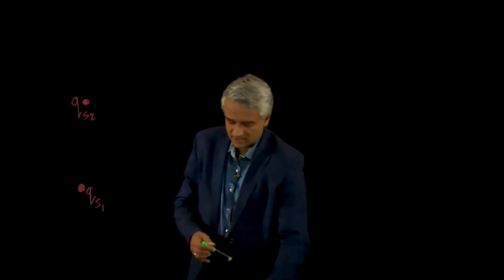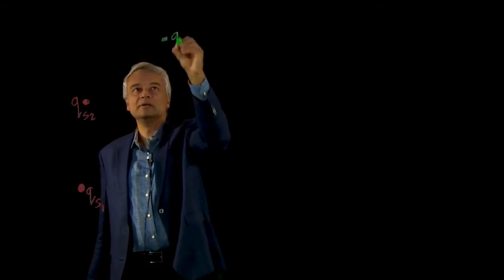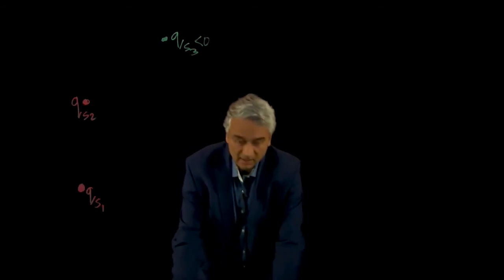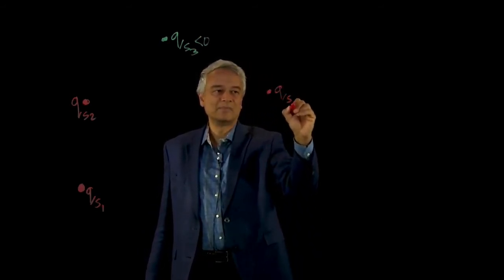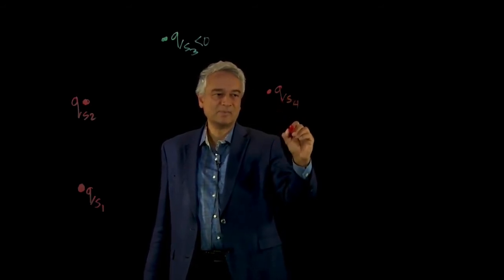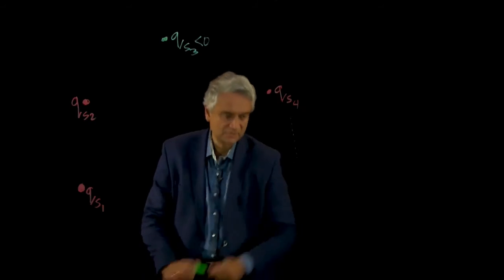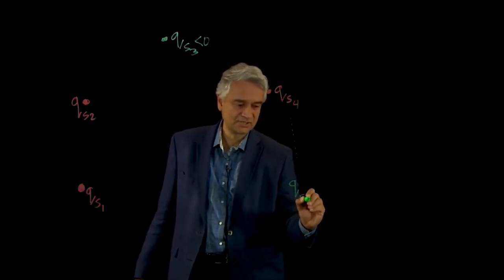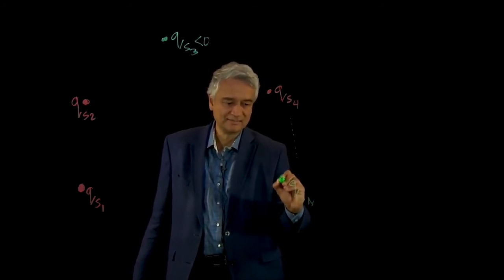And maybe over here there's a source of charge qs3, and let's just say that this one is negative. And maybe over here there's a source of charge qs4, and I'll make that one positive again. And there's many more. And here is the nth charge, and we'll make this one negative. So I have a bunch of sources of charge, capital N of them, in fact.